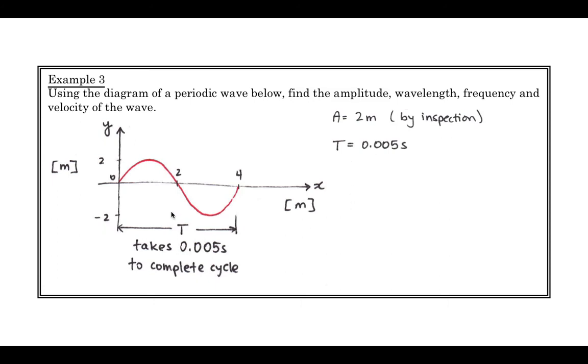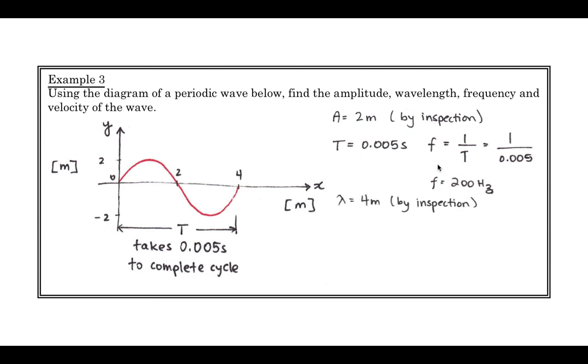And we just solve that by inspection. The period in this case, because the x-axis is not a time axis, it's measured in meters, so this is actually going to tell us the wavelength. But here, this actually tells us that the period for this is 0.005 seconds to complete a cycle. And the frequency then is 1 divided by the period, so we get 1 divided by 0.005, which is 200 hertz.